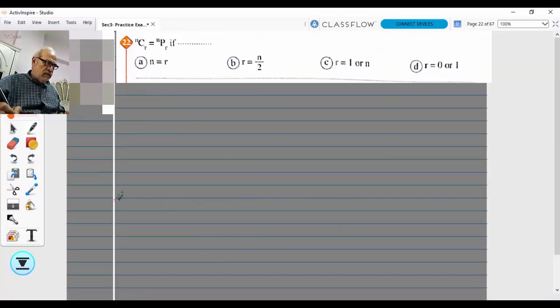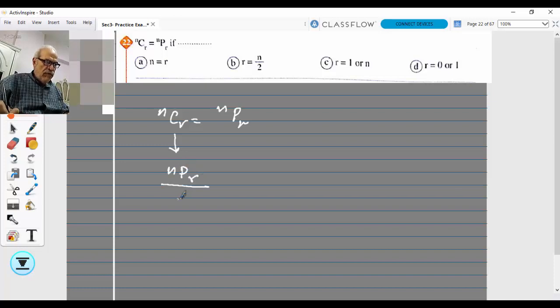Next question. Question number 22. Here we have nCr equals nPr. But nCr equals n permutation r over factorial r, and the right hand side will be nPr over 1.